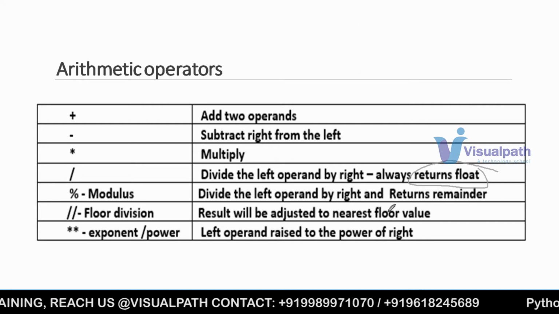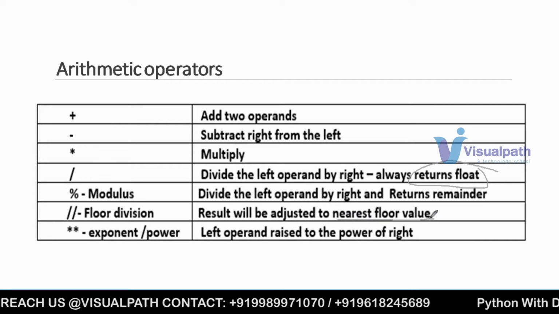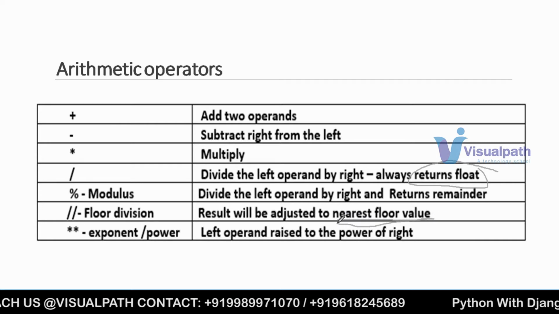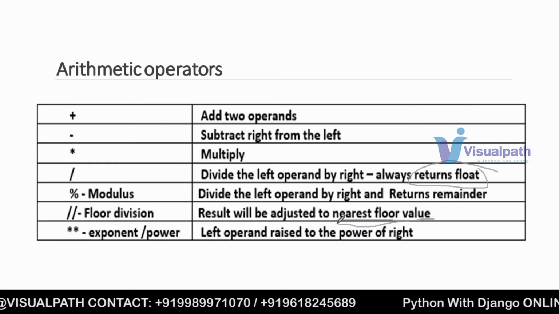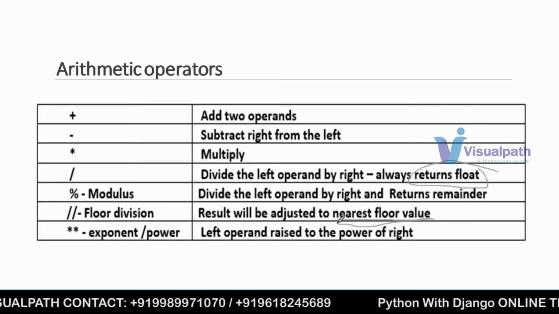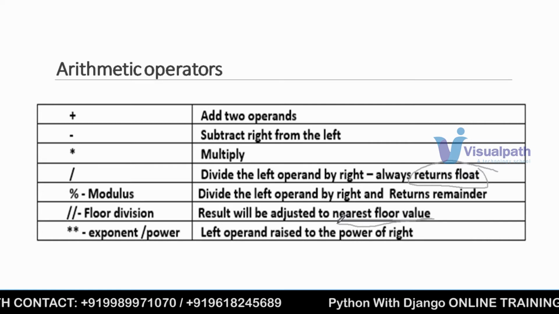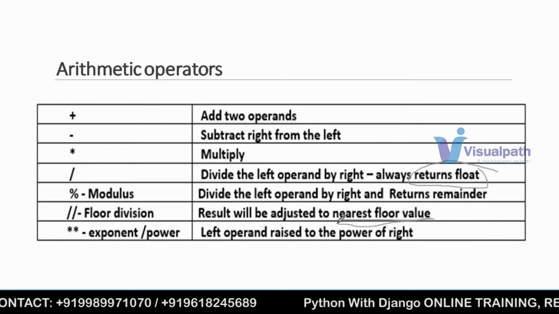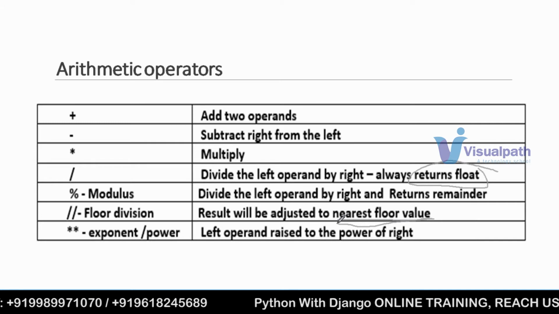And where do we use floor division, any examples can you give? Floor division will be adjusted to the nearest floor value. Every value will have two things, right? One is the floor value, another is the ceil value. We use it for rounding figures.